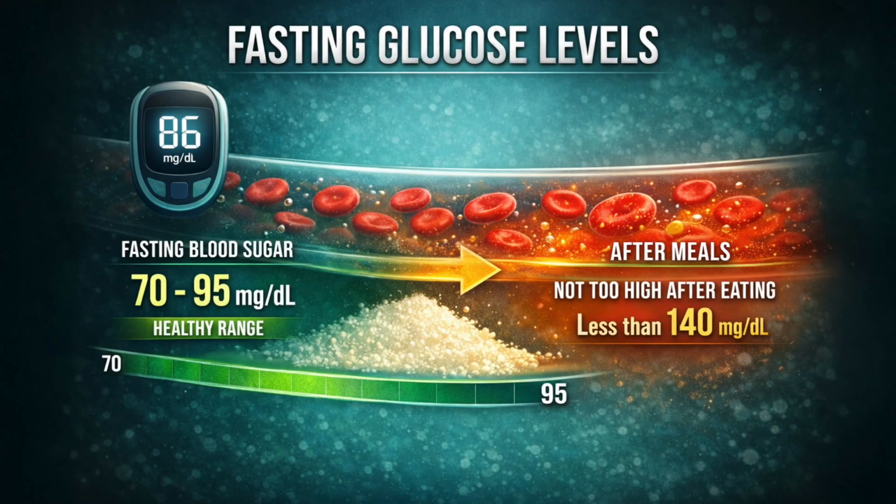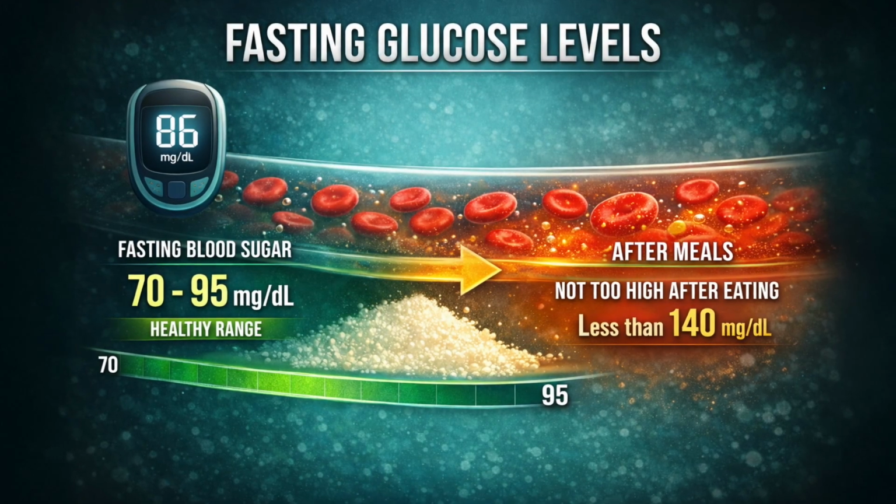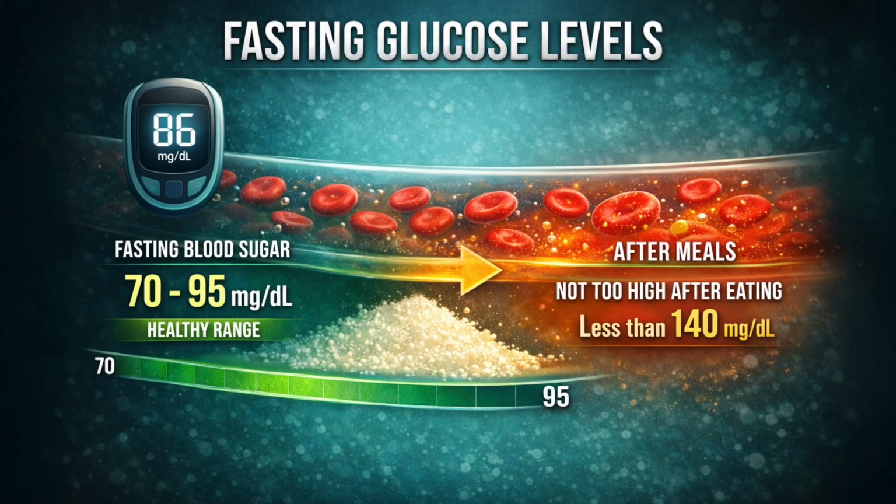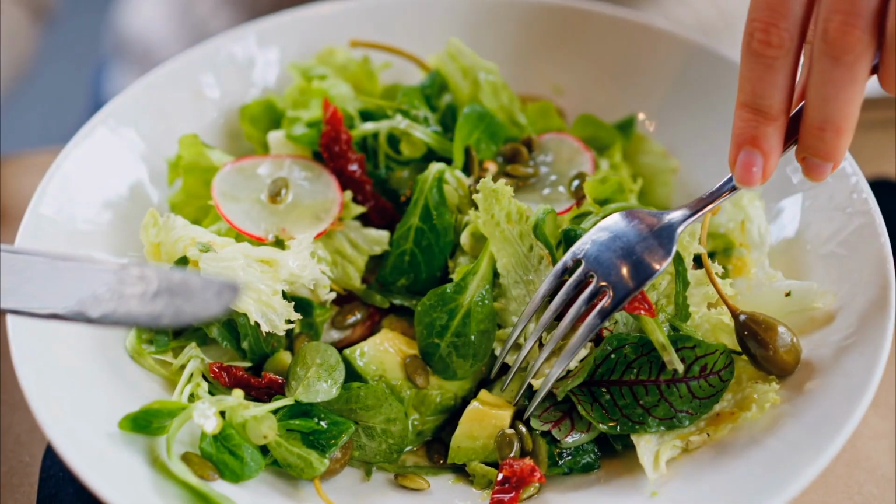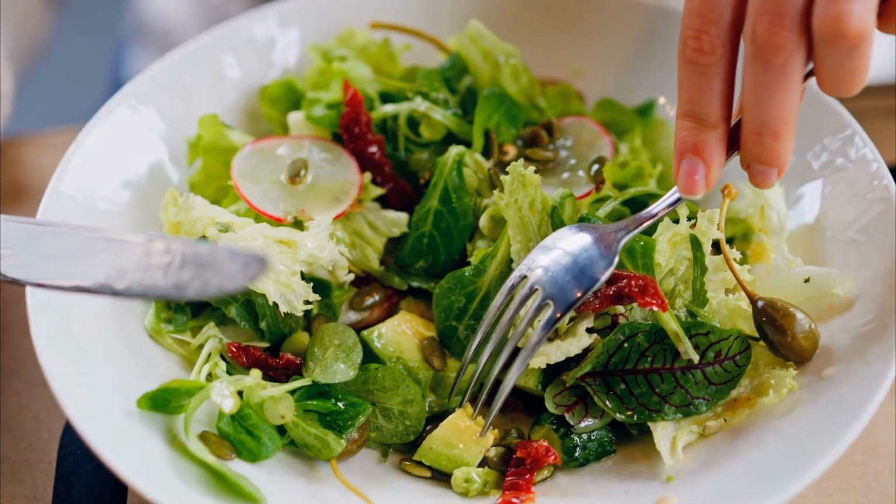Another question we get constantly is, what should your sugar run? We get that one every day too. Fasting sugar should be between 70 and 95, and your sugar should not go over 140 after eating. If you get a monitor, you will know if that sugar is dropping or rising, and then you can adjust your diet accordingly, because there is no doubt what you eat plays a huge role in controlling that blood sugar.